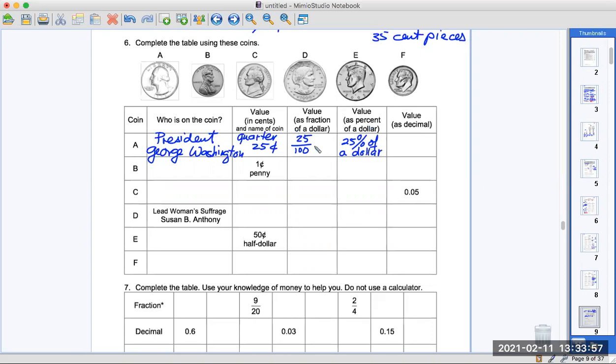And by the way, 25 over 100 is the same as 1/4. It's a quarter. And the value as a decimal is 0.25.